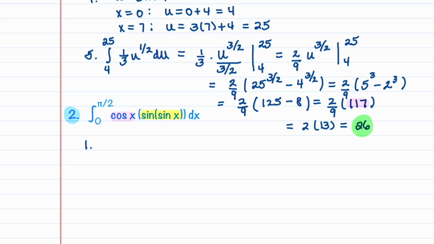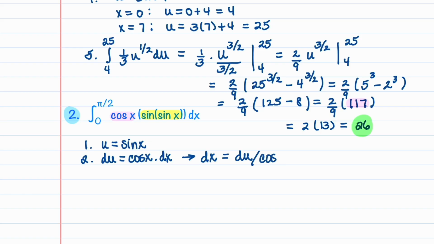So let's let u be equal to sine x, and let's just see what we get. For our second step, we're going to find du. Du is equal to cosine x dx, and we're going to solve for dx, and we get dx is equal to du divided by cosine x.